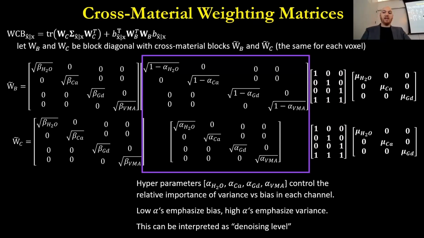And the next matrix has a hyperparameter alpha for each channel, including the 3 materials and the monoenergetic image. And these control the relative emphasis on bias versus variance in that material. So when alpha is close to 0, there's a higher penalty on bias and a lower penalty on variance. When alpha is close to 1, there's a lower penalty on bias and a higher penalty on variance. So if you want, you can think of these alphas as like a denoising level, and 50% would be the mean squared error case.